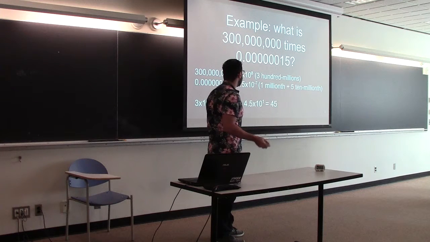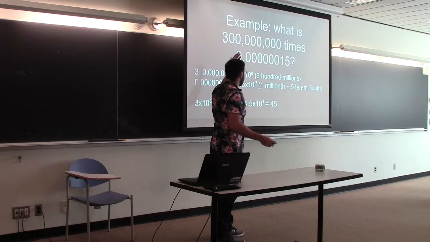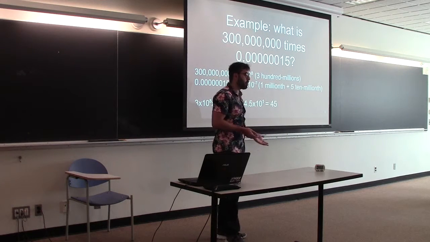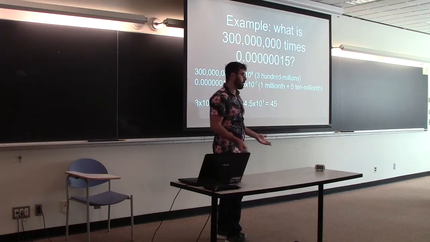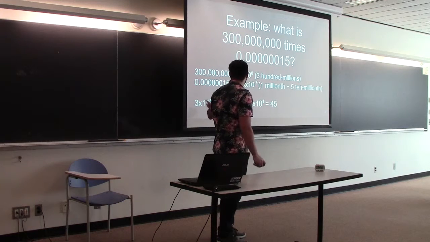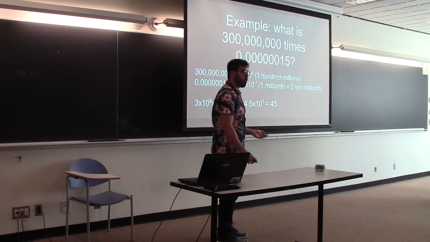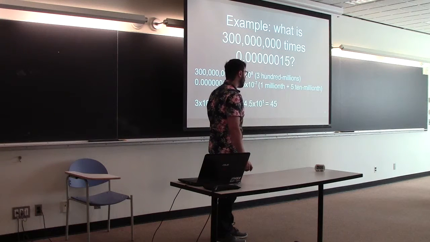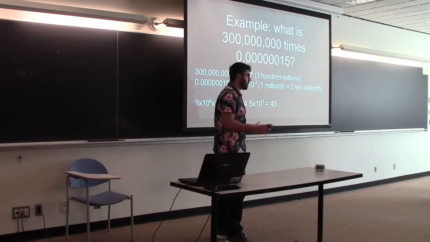Now all we need to do to calculate this multiplication is multiply the important numbers with important numbers and the powers of 10 with the powers of 10. So 3 times 1.5 is 4.5, and 10 to the power of 8 times 10 to the power of negative 7 is 10 to the 1.